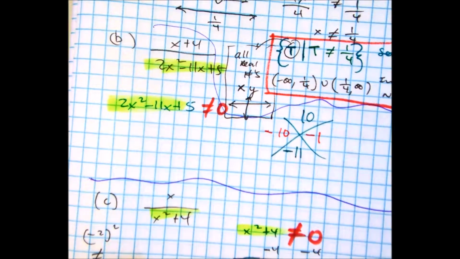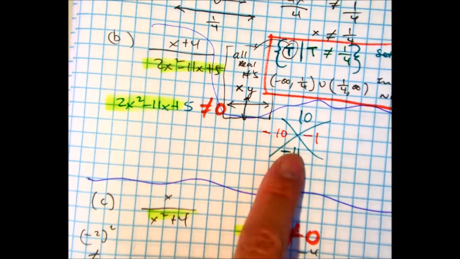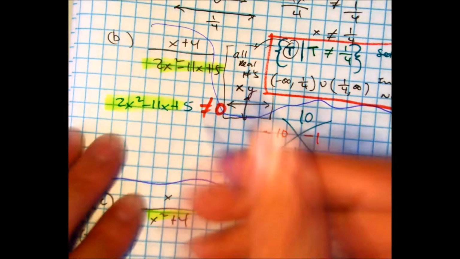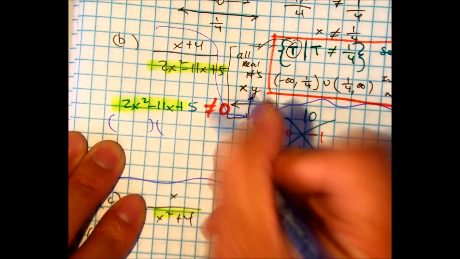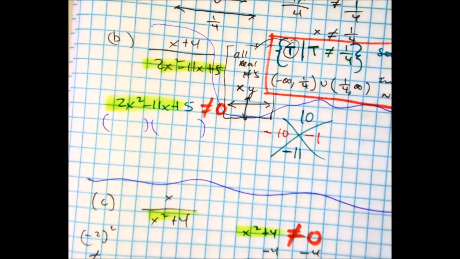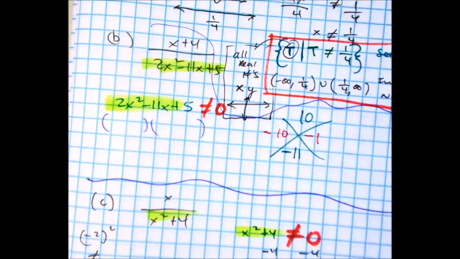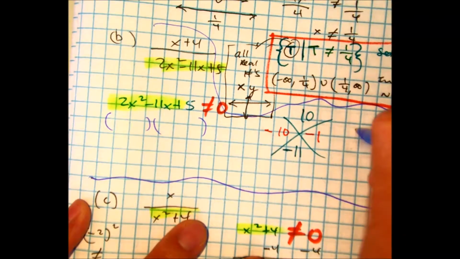Okay, pay attention. It happened last period. A student told me, Mr. Ring, the answer is parentheses x minus 10, x minus 1. Is that right, class? No, what do you have to do next? You have to do the box.